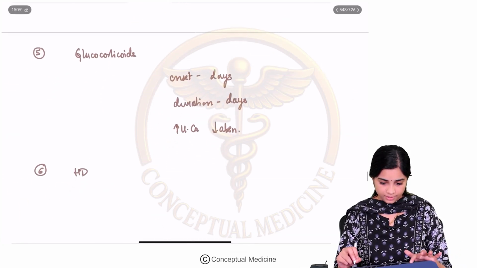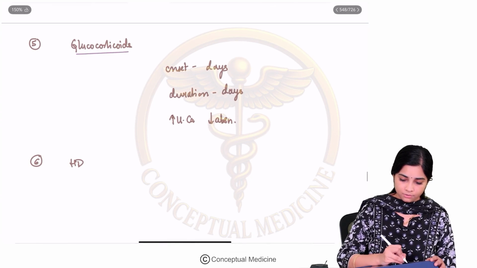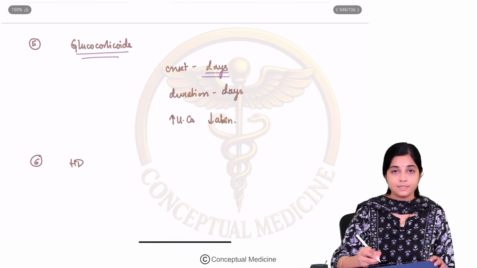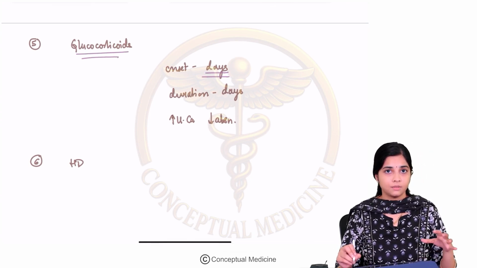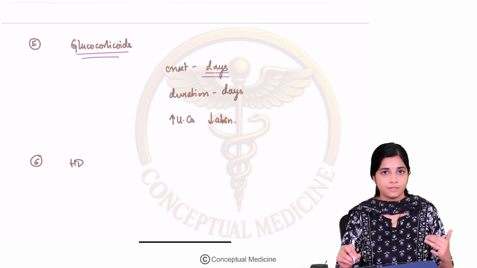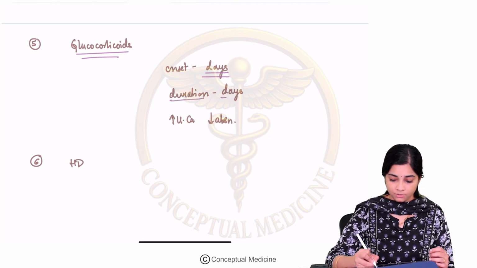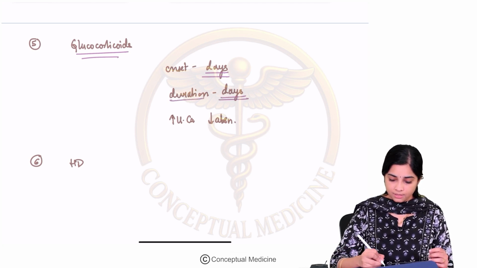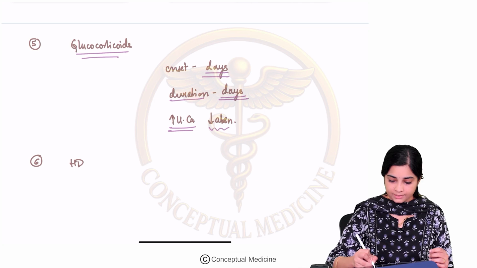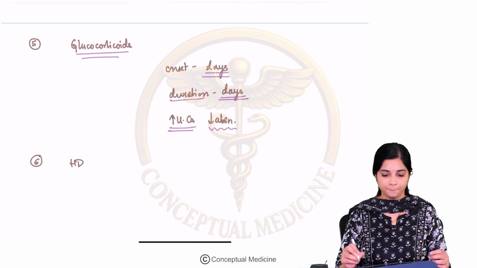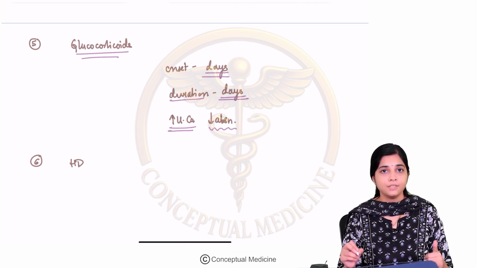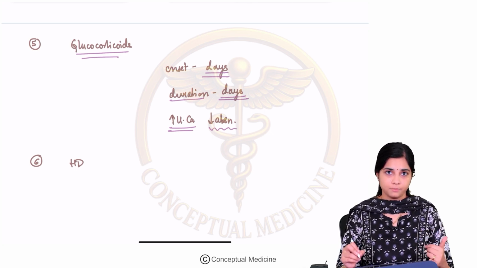Next group of drugs is your glucocorticoids. These also have a relatively faster onset, so they can be used in acute hypercalcemia, and they have a longer duration of action. They increase the urinary calcium excretion and decrease the calcium absorption.